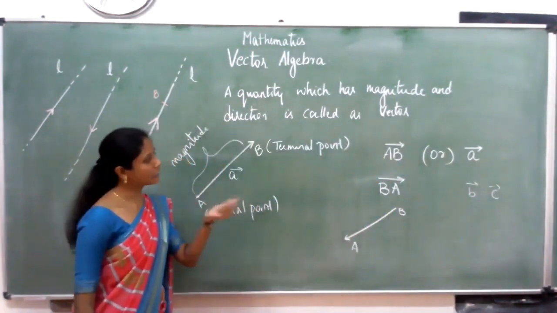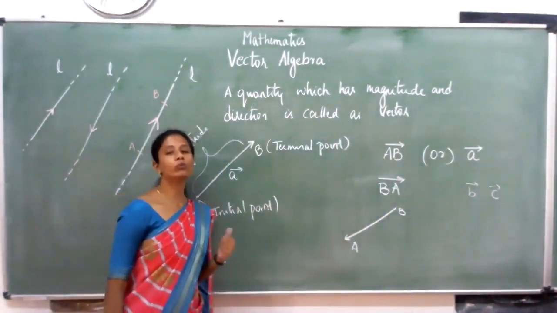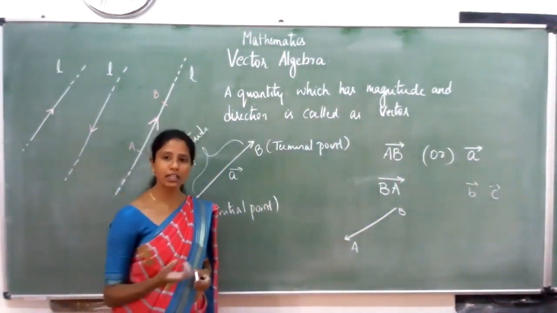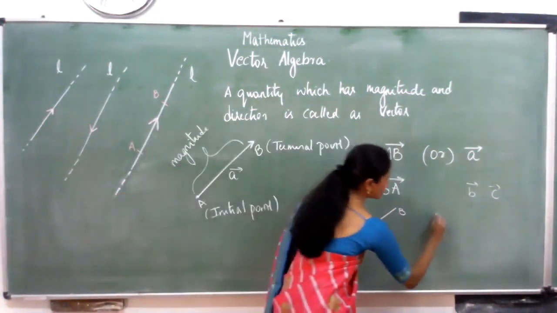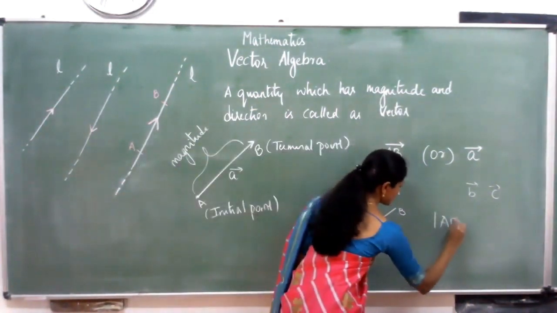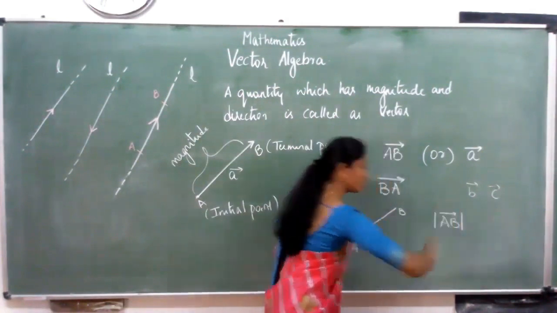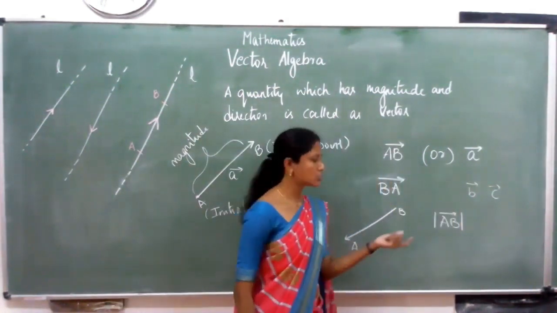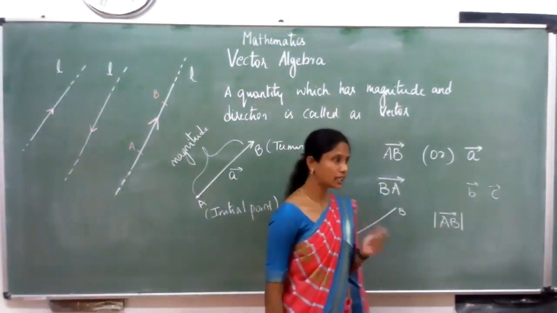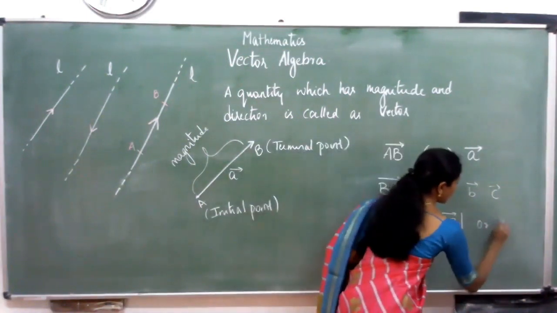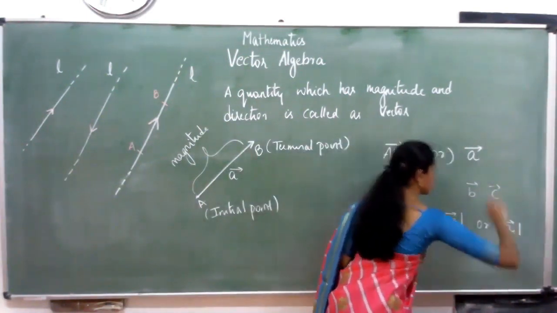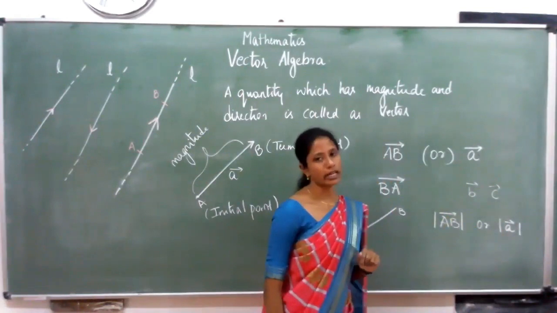So if a vector is represented like this, how do we represent the magnitude of the vector? Magnitude of the vector will be represented as magnitude of vector AB. Don't read it as modulus, read it as magnitude of vector AB, or we write it as magnitude of vector a.